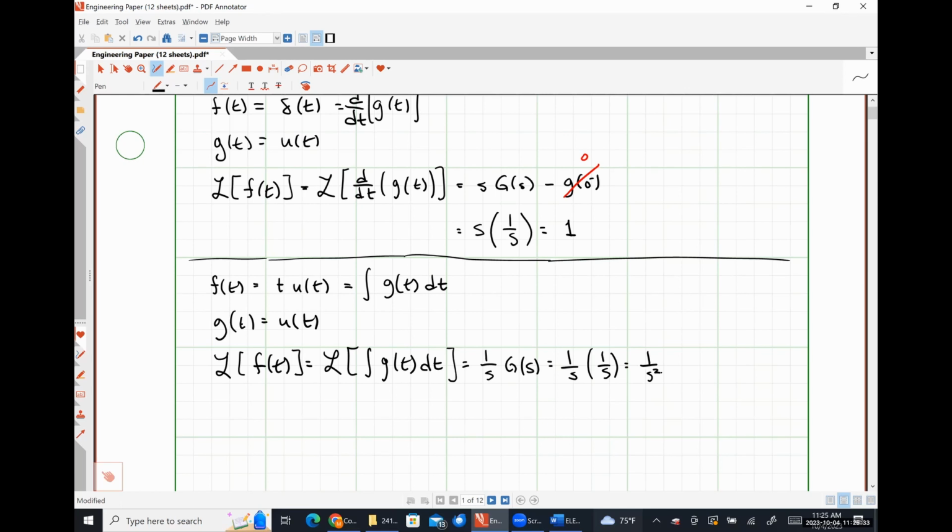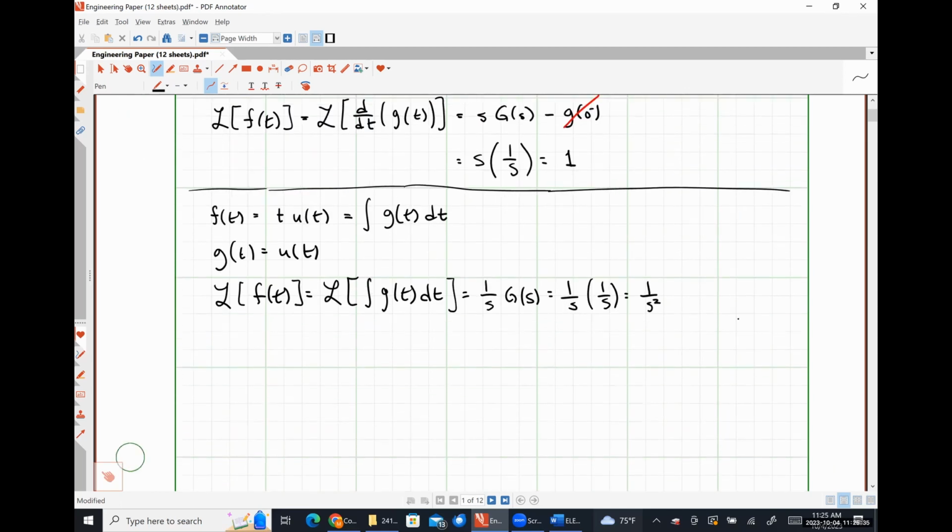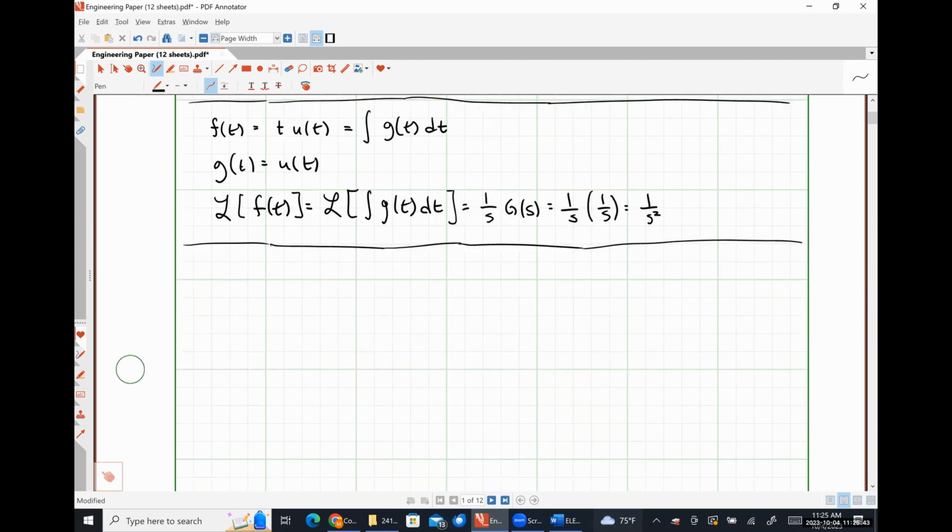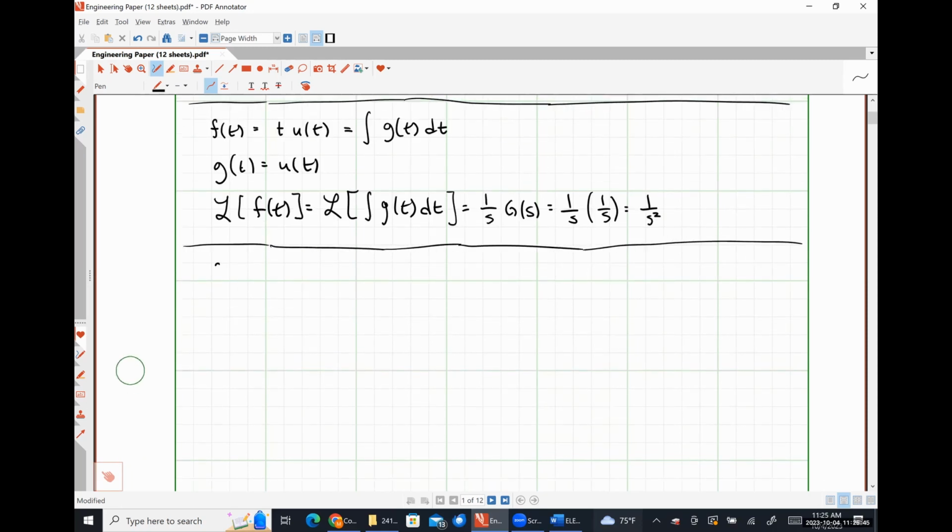So let's take this one step further. This one isn't explicitly on our table, but we're going to use it to figure things out. So let's say that f of t was equal to t squared u of t.